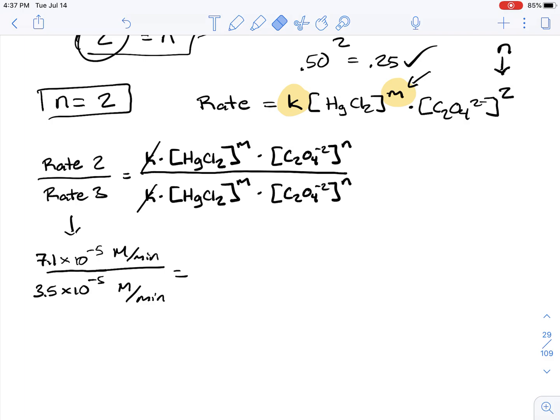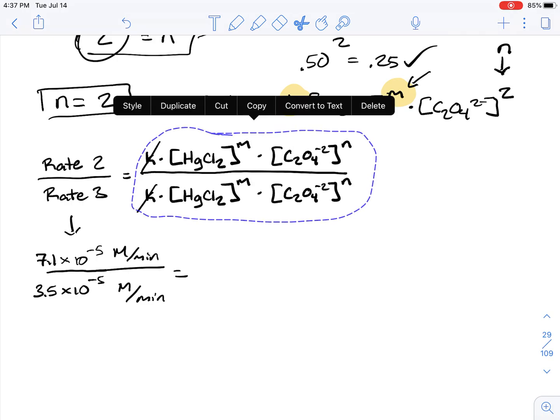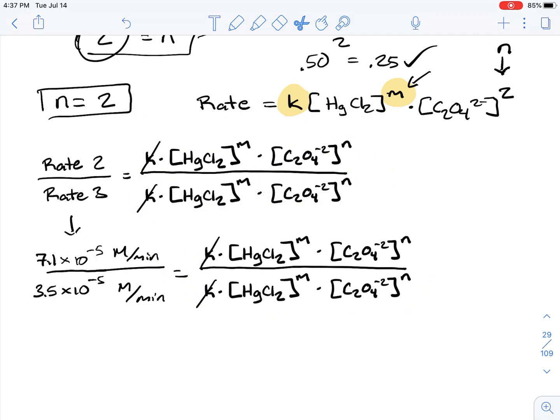And so what we're going to do is substitute the concentrations with their actual values with respect to experiment 2 and experiment 3.